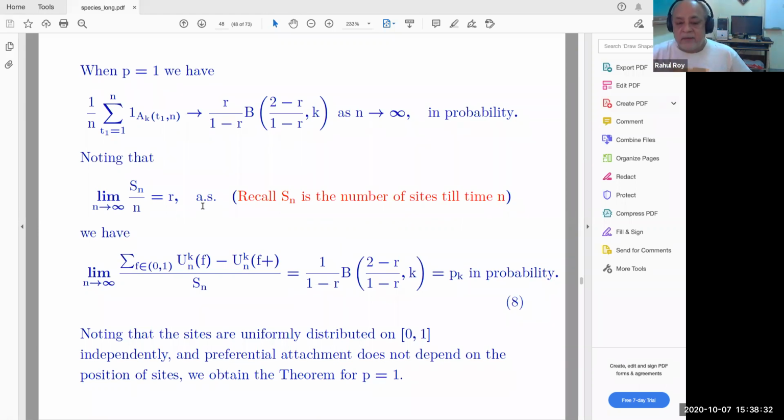So the number of sites only increases when a mutant is born. So we get S_n by n equals r almost surely, and therefore this r cancels to give us that this ratio is exactly 1 over 1 minus r times the beta function, which is p_k in probability.